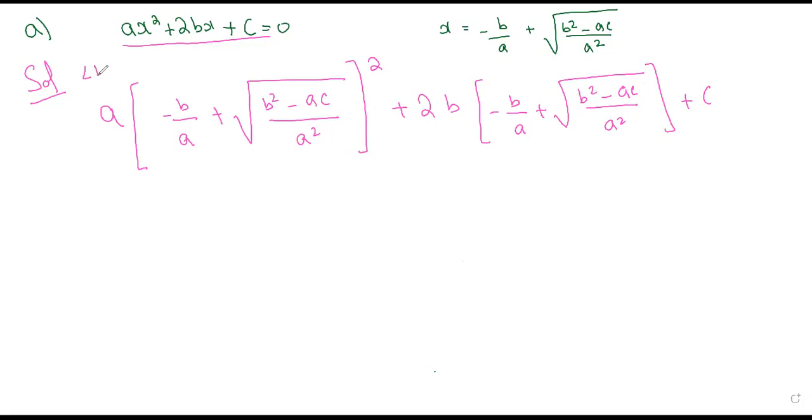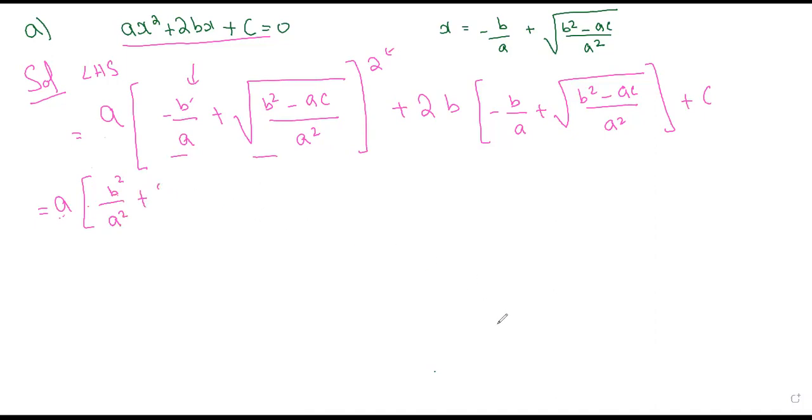This is the left hand side. Now I'll work on the simplification. So this is equal to A. I have two things and I have a square outside. So how do I do it? I can do it this way. This number squared would be B squared by A squared, then plus.